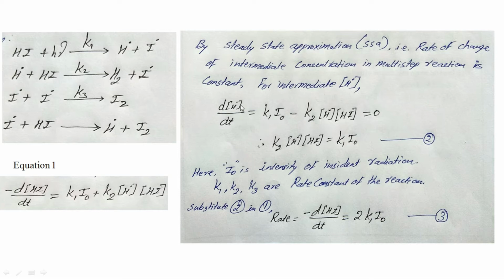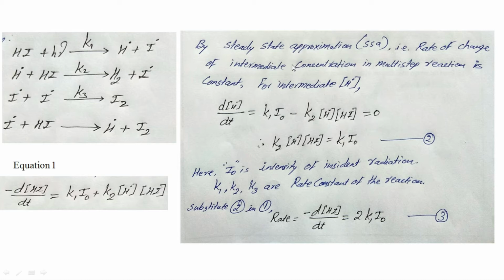Therefore d[H dot] upon dt is equal to K1 into I naught, that is intensity of incident radiation, minus K2 into concentration of H dot into HI, the negative sign indicating that in a second step hydrogen free radical is consumed, and this sum is equal to 0 according to steady state approximation.